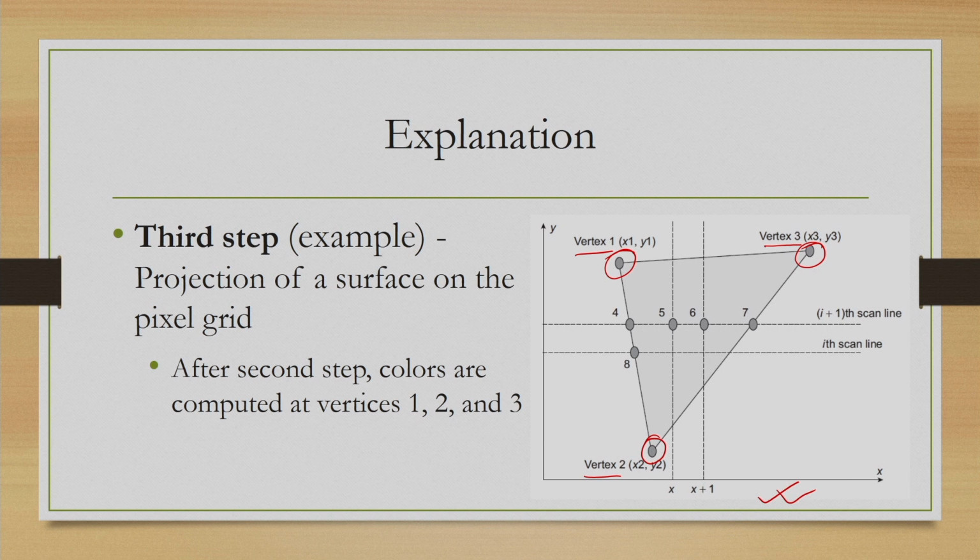Now, we are interested in finding the colors of the pixels that are part of the surface, but not vertices. For example, pixels 4, 5, 6, 7 are all part of the surface, also 8 and many more. 4, 5, 6, 7 belong to the same scan line, while 4 and 8 belong to two consecutive scan lines.